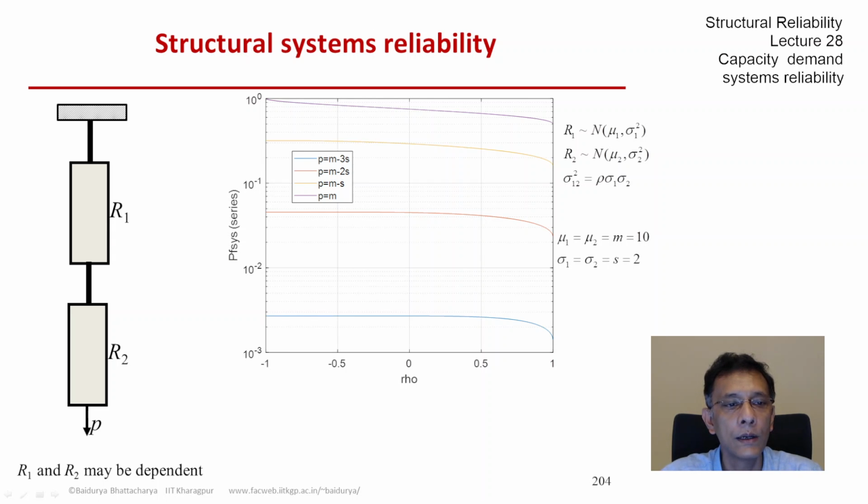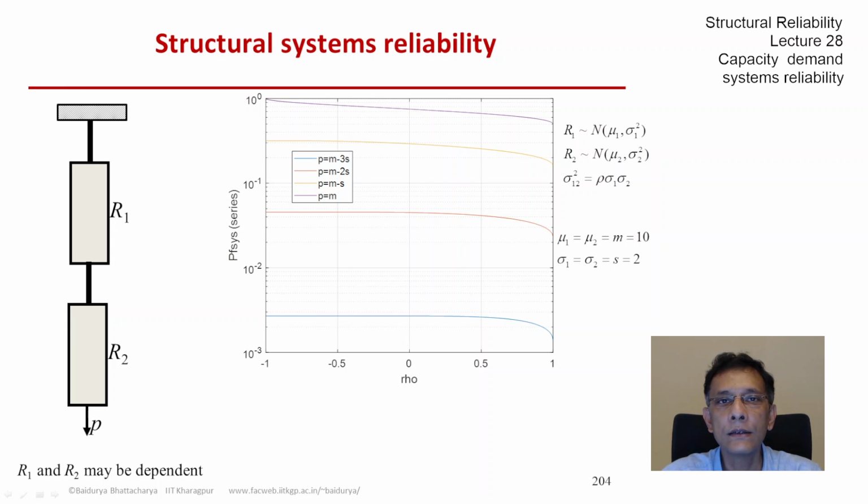For a lower value of load, the failure probability starts at something like 0.3 and then falls to something like 0.18 or 0.19.